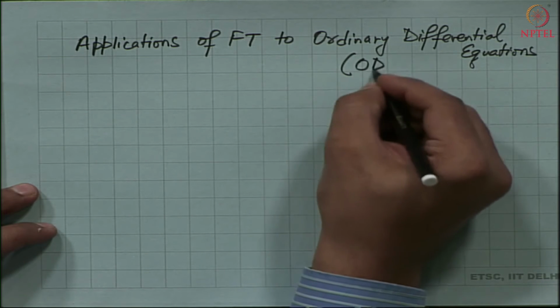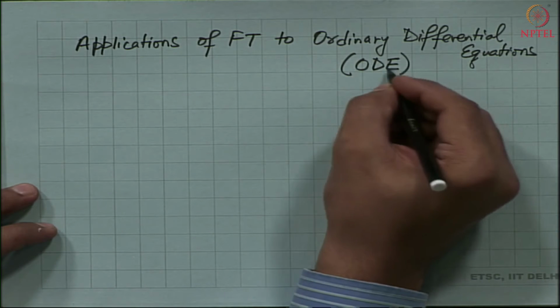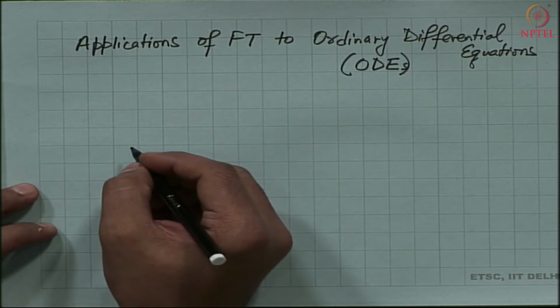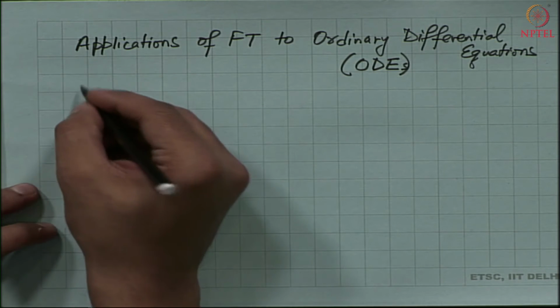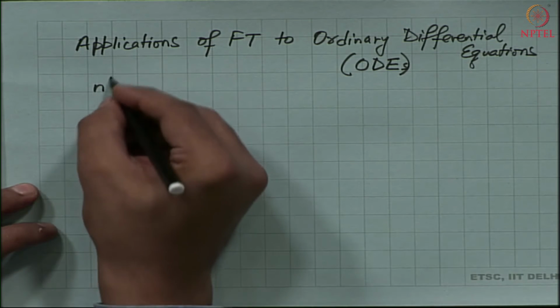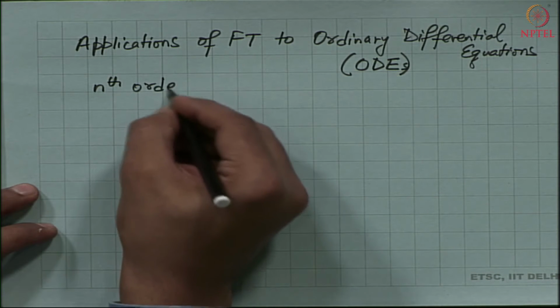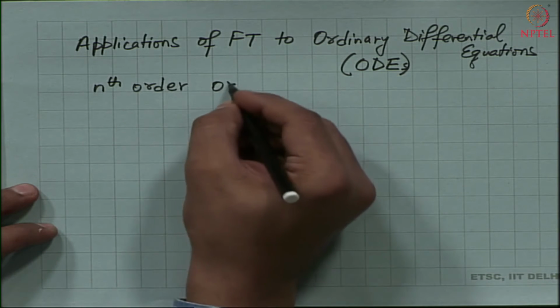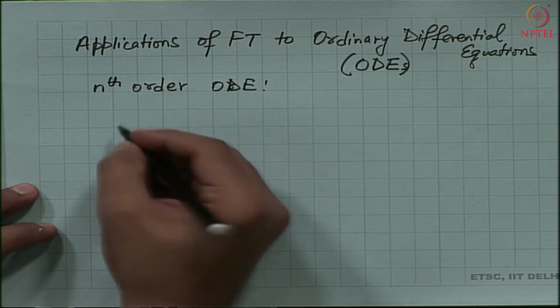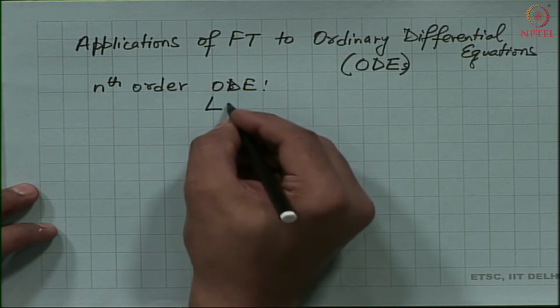From now on I am going to refer to ordinary differential equations as ODEs. So consider the nth order ODE. So consider this nth order ODE. I can write my nth order ODE as follows.